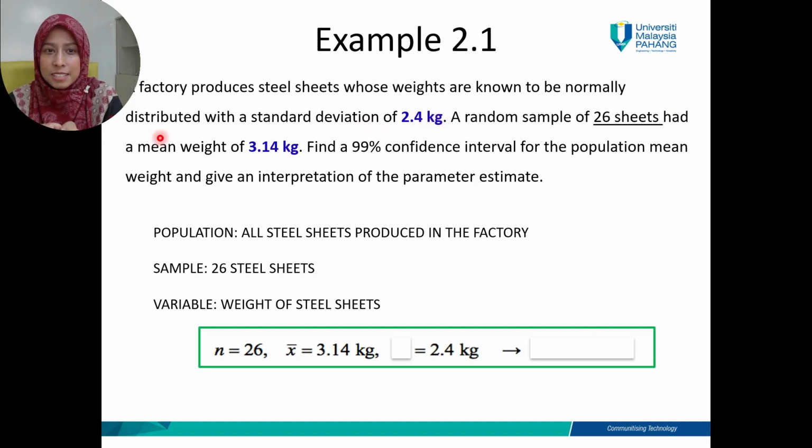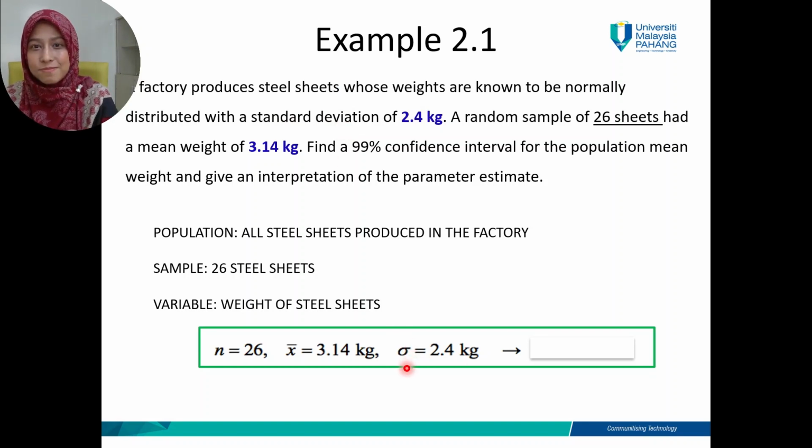Look at the sentence. Is the sentence talking about the general population or a specific sample? This is the general population, so this is a population standard deviation. So you are going to use sigma as the notation.